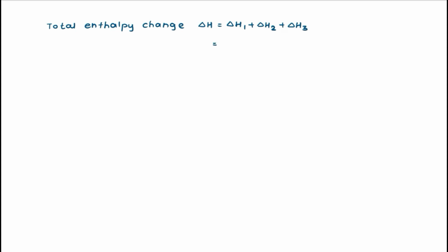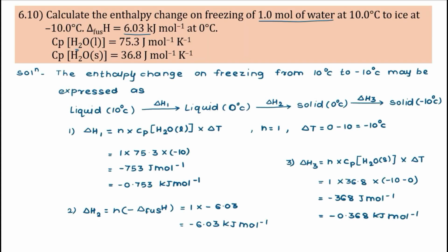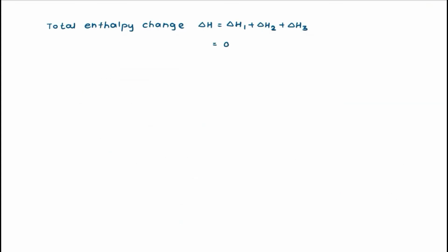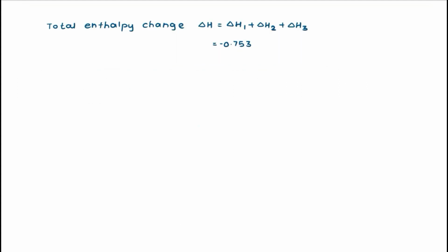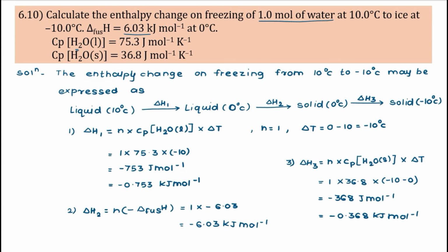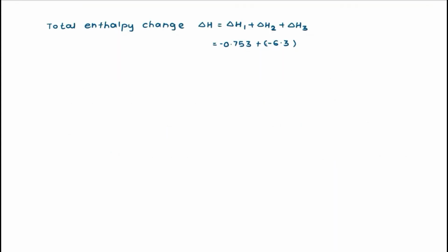We know that delta H1 is equal to minus 0.753, then the second quantity is minus 6.03 kilojoule per mole, and the third quantity is minus 0.368 kilojoule per mole.